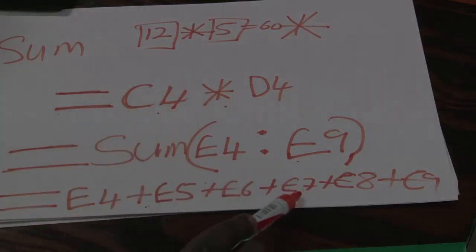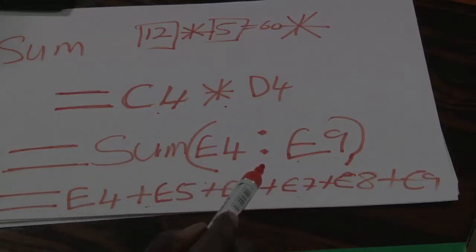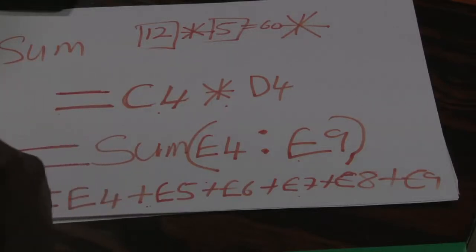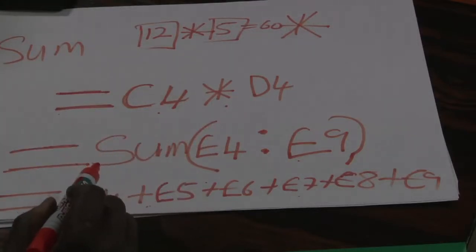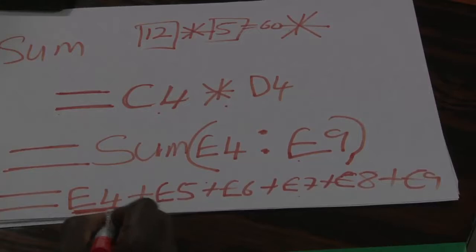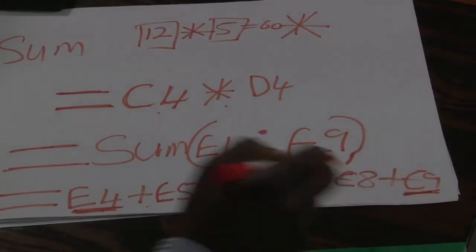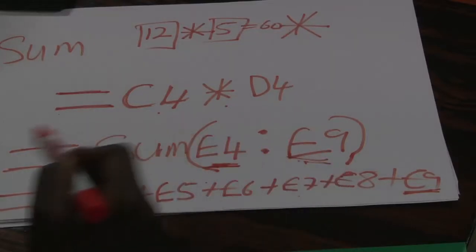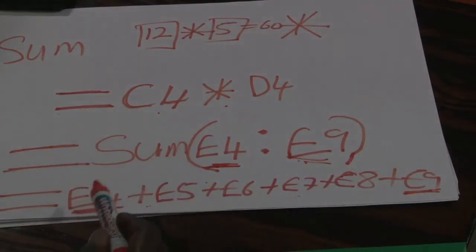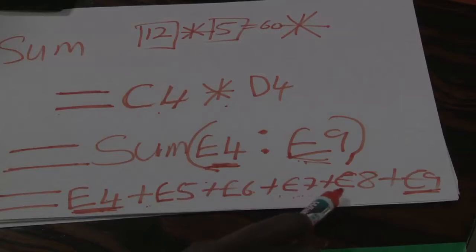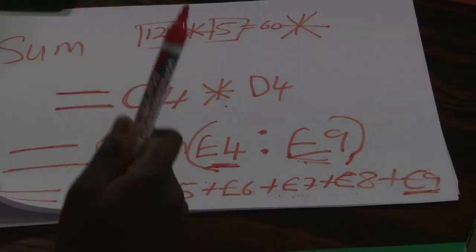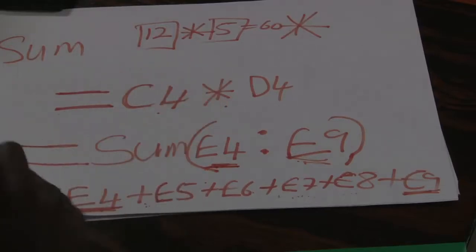If I omit E7, everything will be wrong. So I do advise my students, please save yourself the stress by using the function. In the function, you pick only the first one and the last one, E4 to E9. Take the stress away from taking them one by one, because the danger is if you forget to use one of them, then you are wrong.